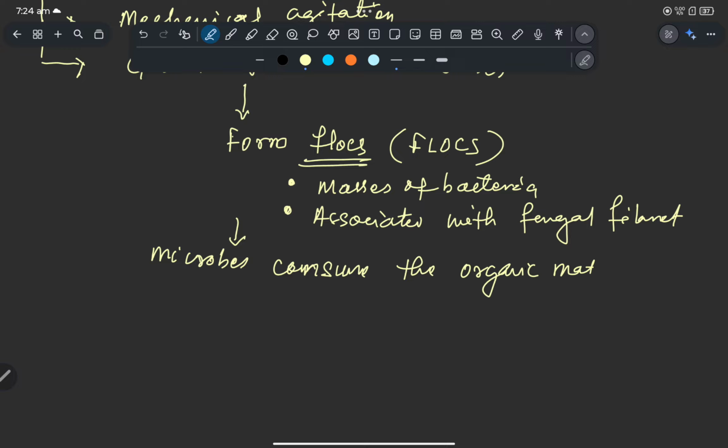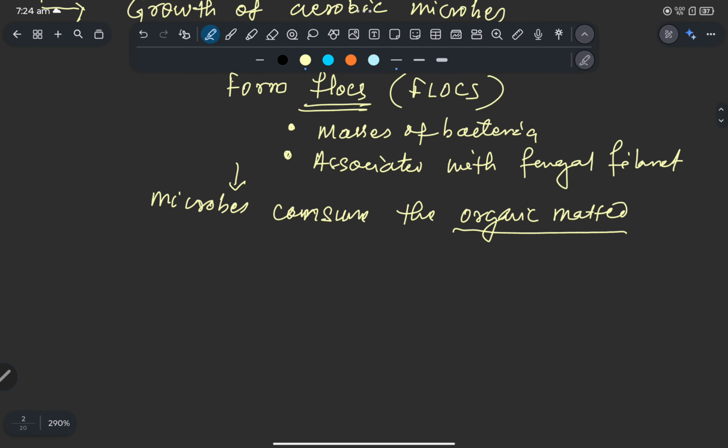I have told you that the major component of the sewage is the organic matter and human excreta. So organic matters are consumed by the microorganisms. As a result, what happens? BOD decreases significantly.